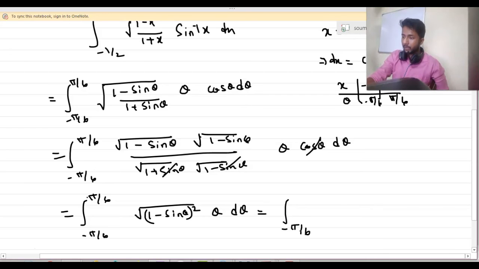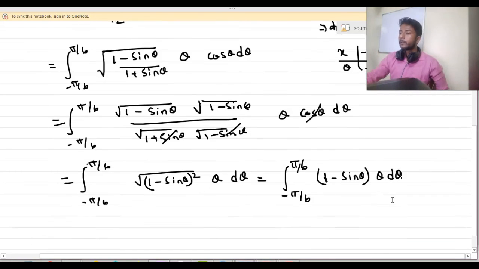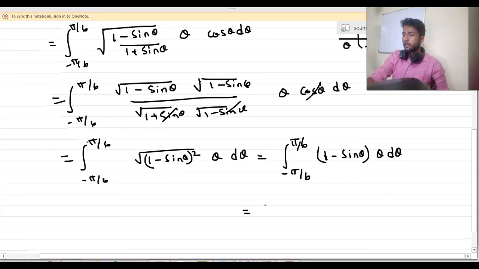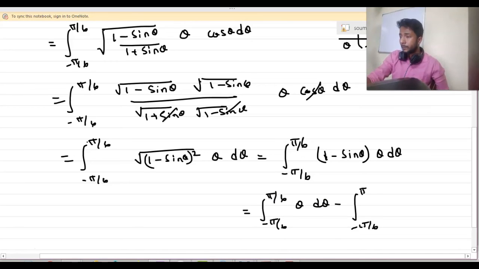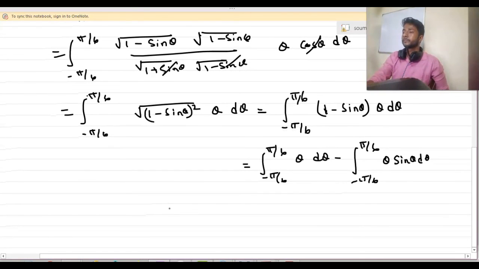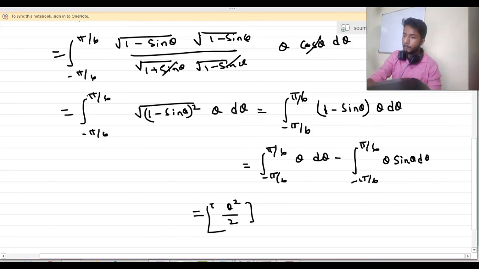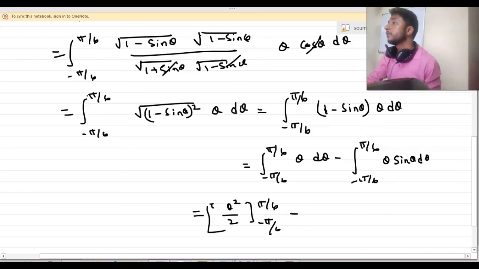So this is nothing but integration from minus pi by 6 to pi by 6 of (1 minus sine theta) into theta d theta. Okay, so this is nothing but integration from minus pi by 6 to pi by 6 of theta d theta minus integration from minus pi by 6 to pi by 6 of theta sine theta d theta. So if we integrate theta with respect to theta, we will get theta square by 2 from minus pi by 6 to pi by 6, and to integrate the other one I have to use by parts.